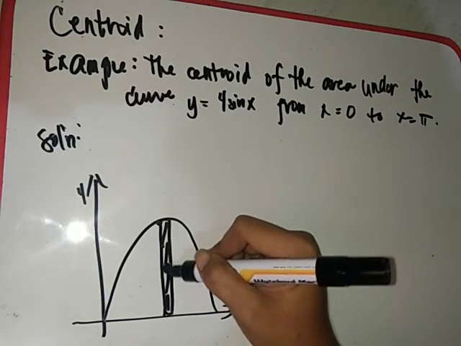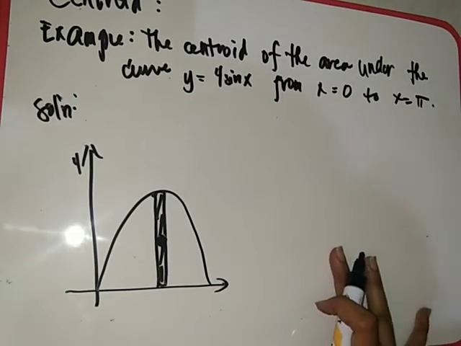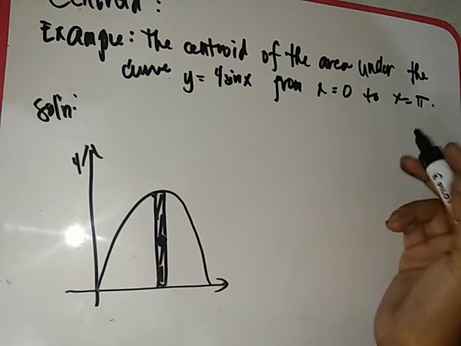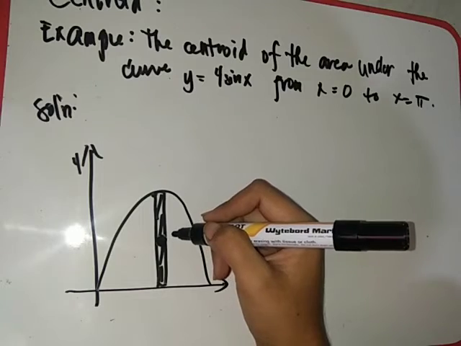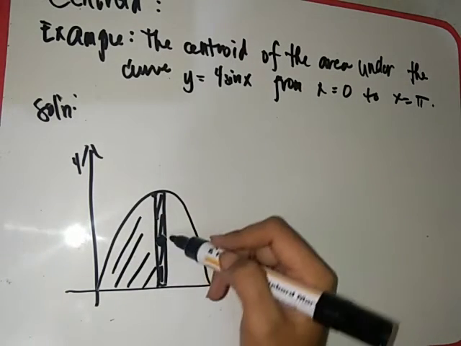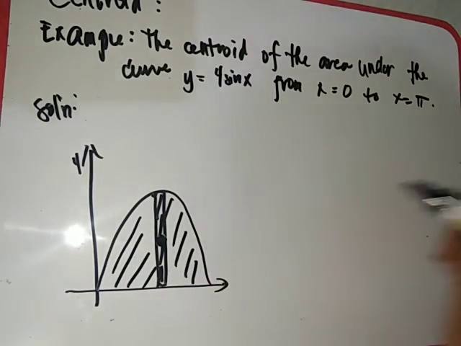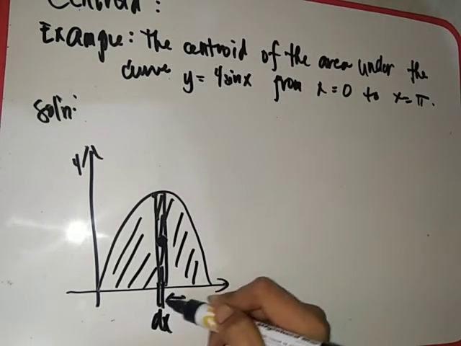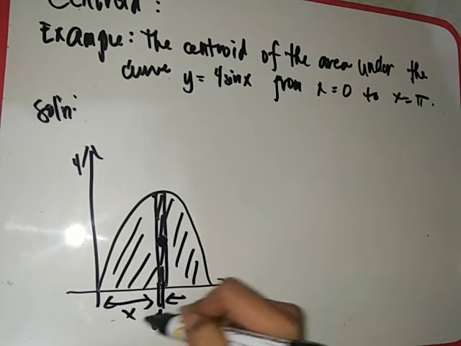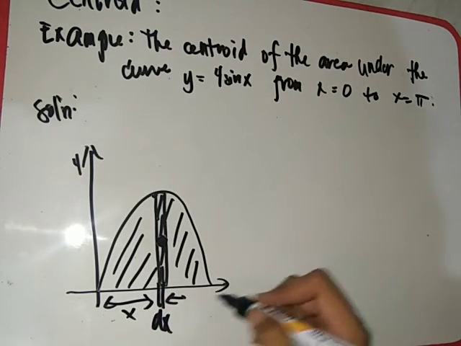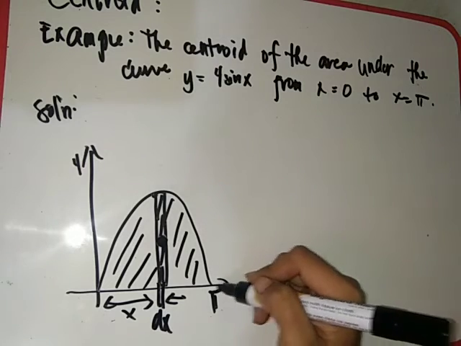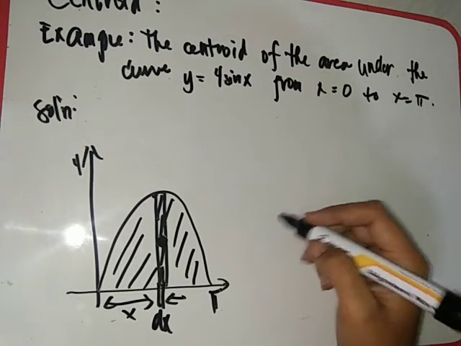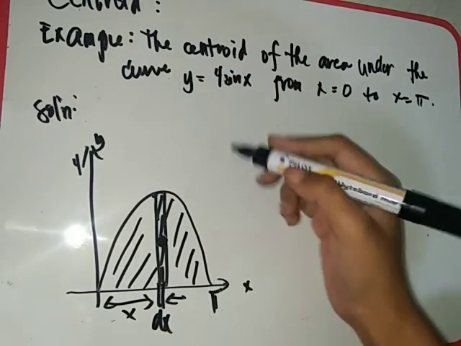So we have the centroid of the area. This is the area and this is the centroid. This is the vertical strip. So we have the dx and dx. So this is pi. If you continue here, you will have 2 pi. And then x-axis, y-axis.